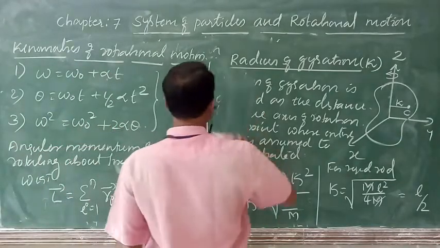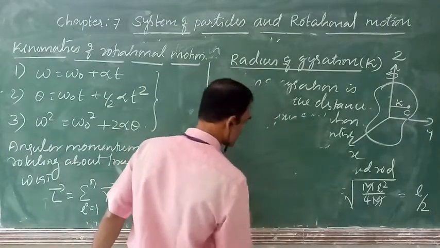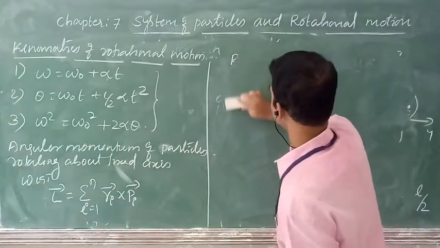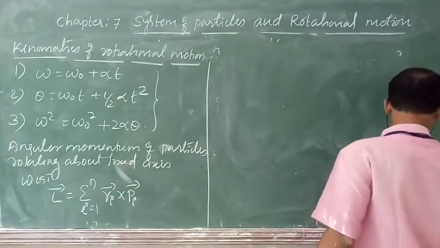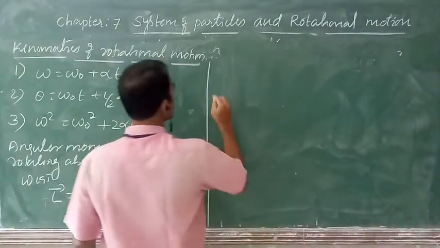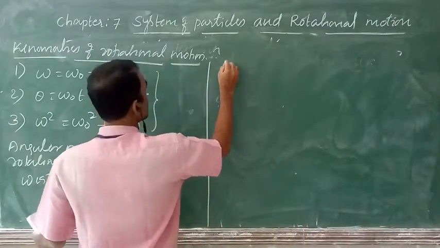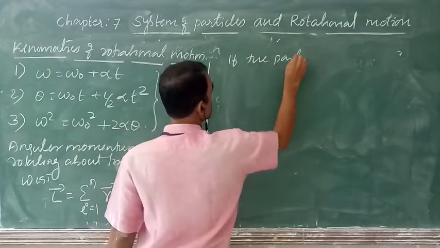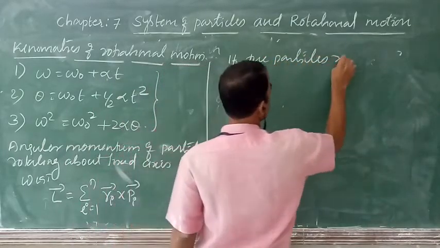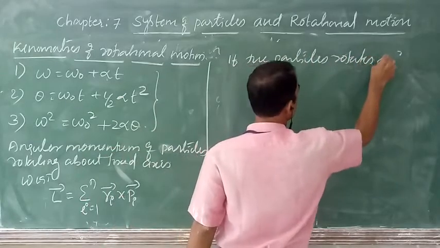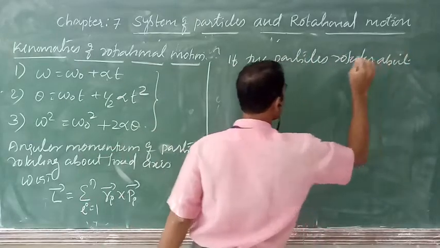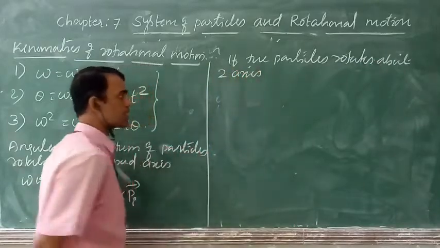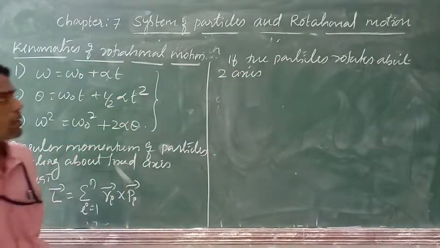Suppose the system of particles rotates about a fixed axis, say the z axis.